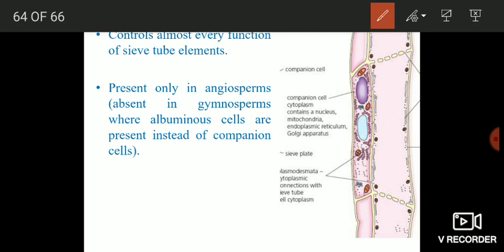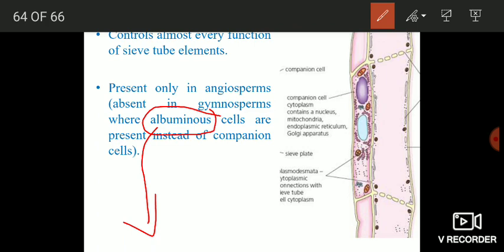These companion cells are present only in angiosperms. They are absent in gymnosperms, where they have albuminous cells in place of companion cells. I will repeat this one. The companion cells are present only in angiosperms. They are absent in gymnosperms because gymnosperms possess another cell type known as albuminous cell.